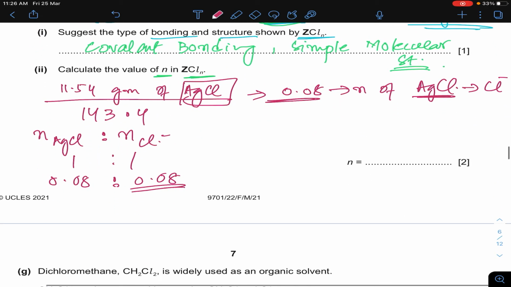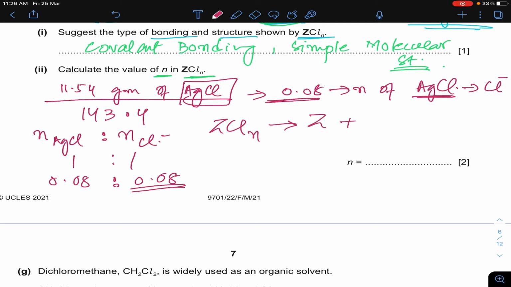So if I break ZClN, how many moles of Z would we get? 1 mole of Z and N moles of chloride ions. The number of moles of ZClN that we have is 0.02, and the number of moles of chloride ions that we calculated is 0.08.